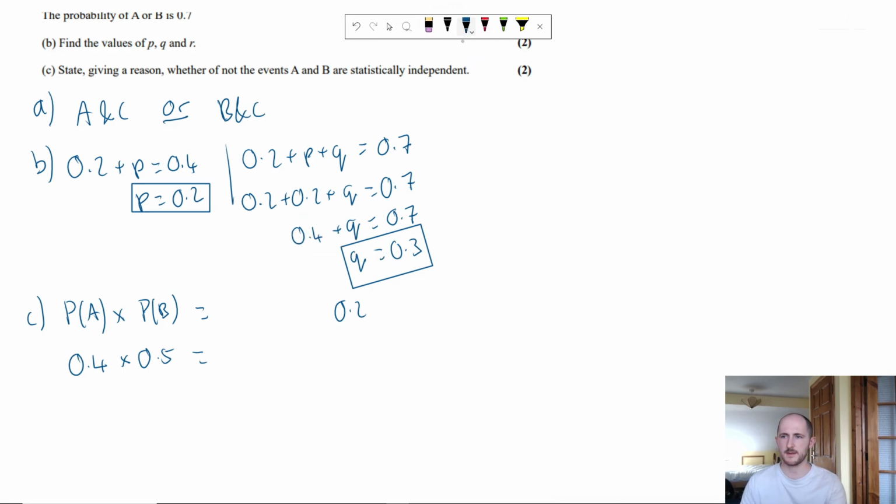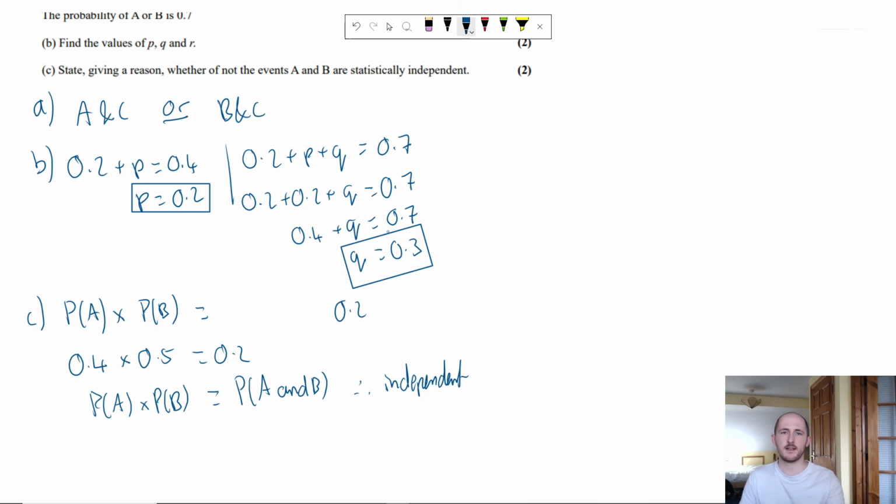So let me delete this. 0.2. So in other words, P(A) multiplied by P(B) does equal P(A and B). Therefore, they are independent.